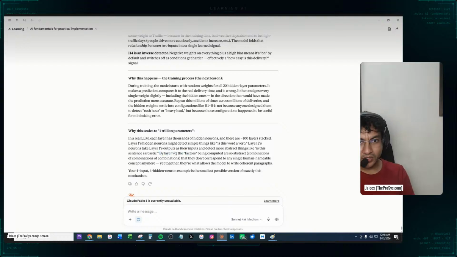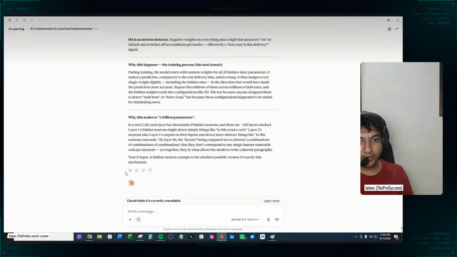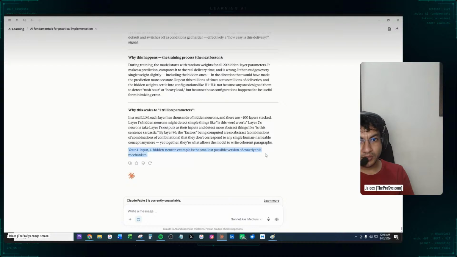By layer 96, the factors being computed are such abstract combinations that they don't correspond to a single human nameable concept anymore. Yet together, they are what allows the model to write coherent paragraphs. Your 4 input example is the smallest possible version of exactly this mechanism.